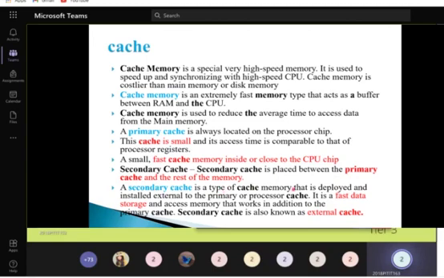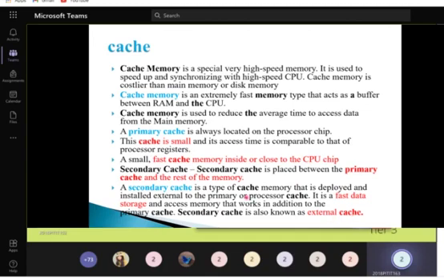And the secondary cache is a type of cache memory that is deployed and installed external to the primary or processor cache. And it is a fast data storage and access memory that works in addition to this primary cache. So only we are calling this secondary cache an external cache.